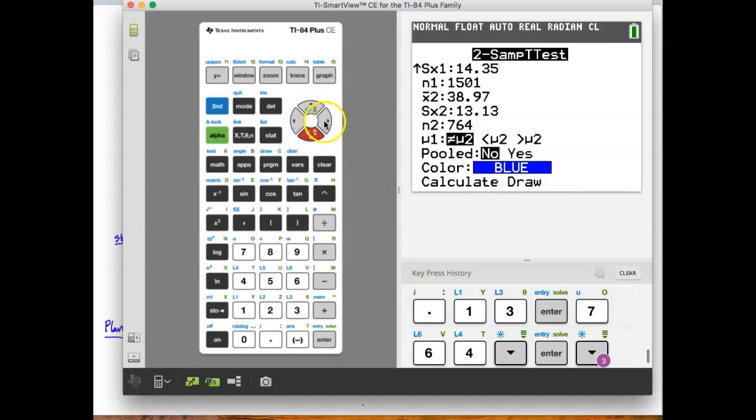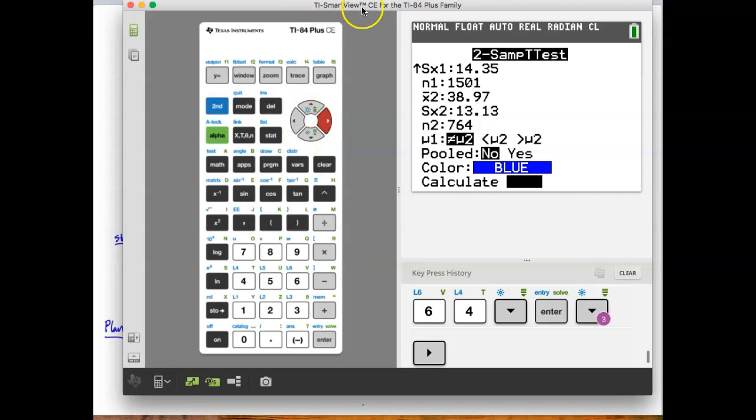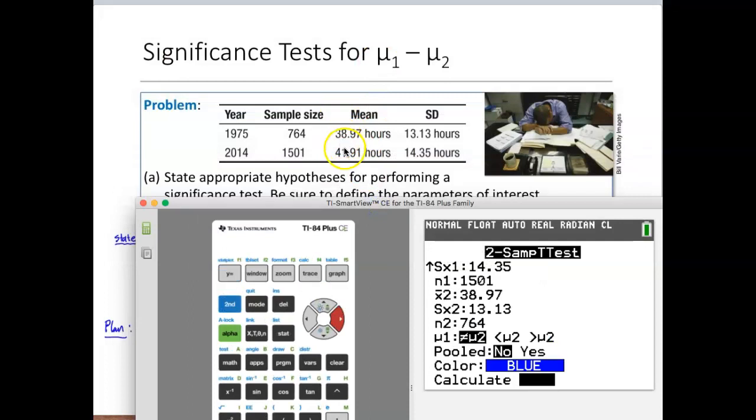All right. Before I do this, let's just remember, we are assuming that there is no difference in the mean hours worked. We went out and took a sample, and clearly in our sample there is some difference between the mean hours worked between the 2 years, right?